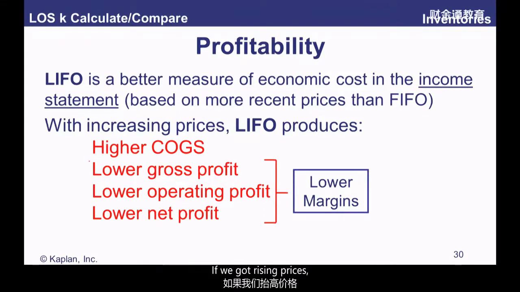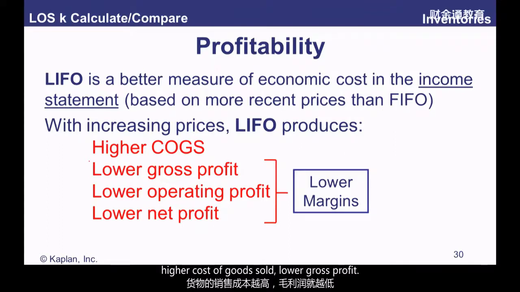If we've got rising prices, LIFO of course will give us higher costs of goods sold. Well, why do we get higher costs of goods sold? Because compared to FIFO, our ending inventory of course is lower. So if we have a lower ending inventory, we've got higher costs of goods sold, beginning inventory plus purchases less ending inventory being our cost of goods sold.